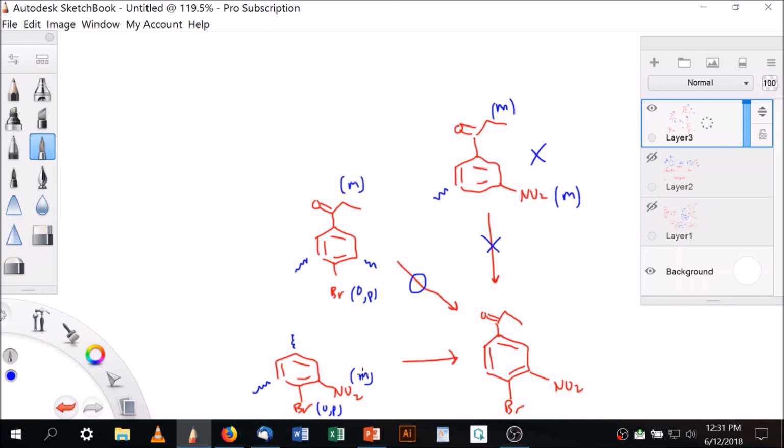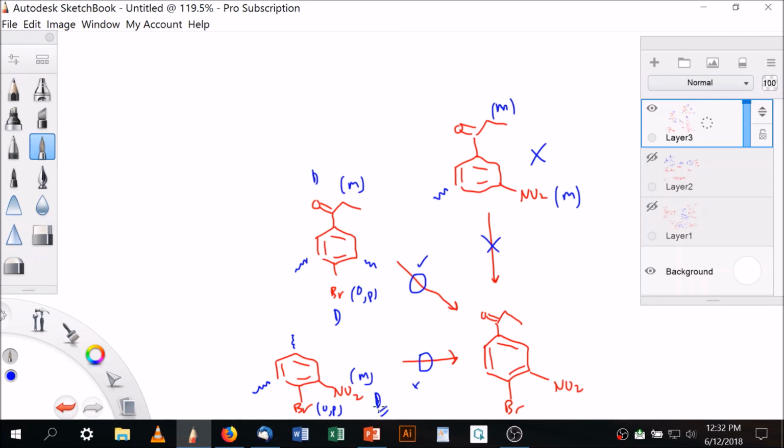So now that I've got that, this is a meta director. Okay, so both of these actually work, okay? But one's better than the other one, because if I do this one, I'm going to have some contamination over here, right? So this is better for that reason. But there's one more reason why this one's better, and that is that this is a strong deactivator, which I'm going to say D. This is a deactivator, and this is a deactivator, right?